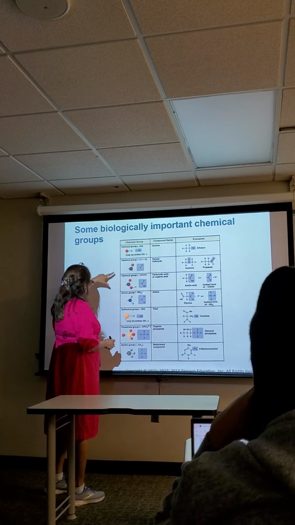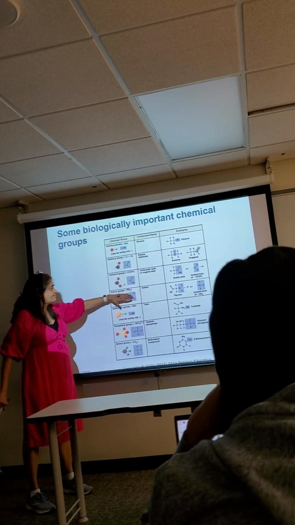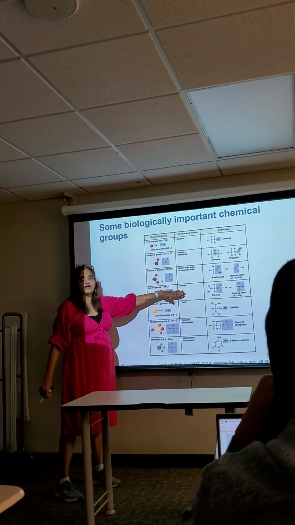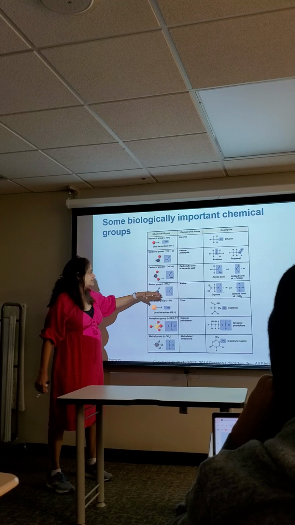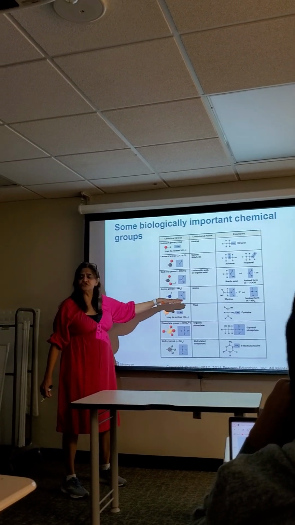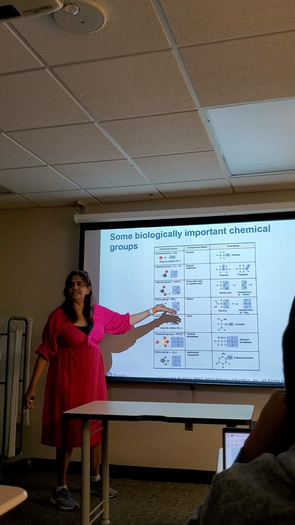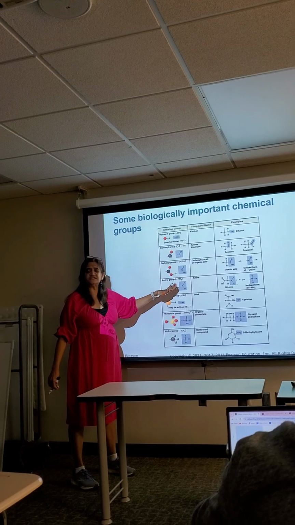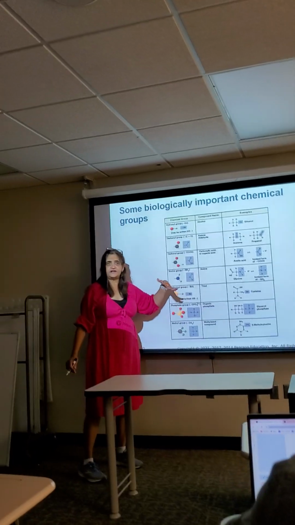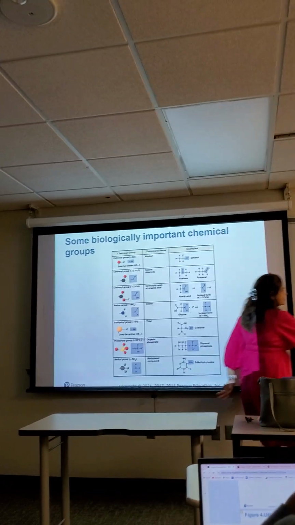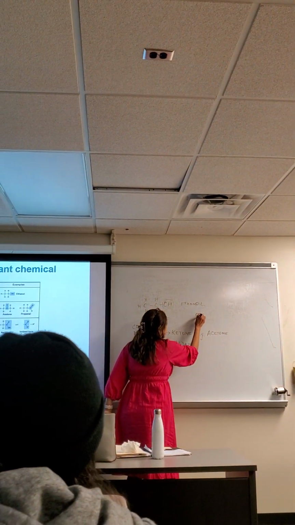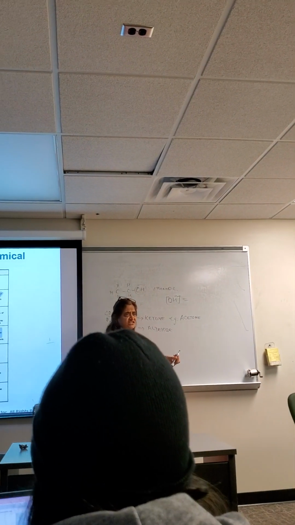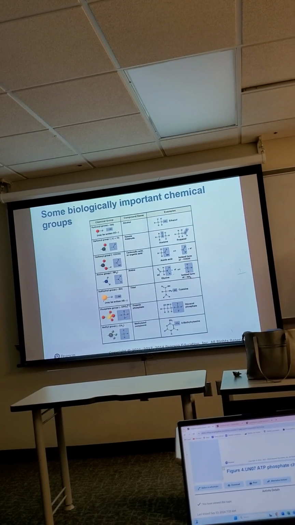Now the fourth one is called amino, NH2. The amino group forms amines, and they are basic. When you dissolve them in solutions, they will release hydroxyl, OH. Remember, if the OH anion increases in the solution, it increases the pH, and that's why it is called a base.